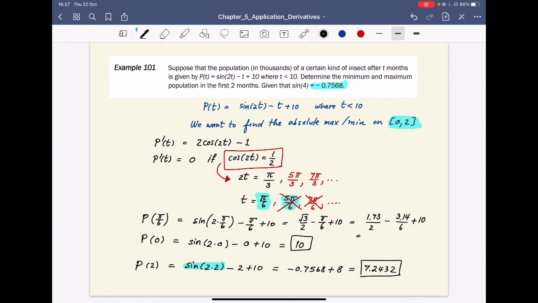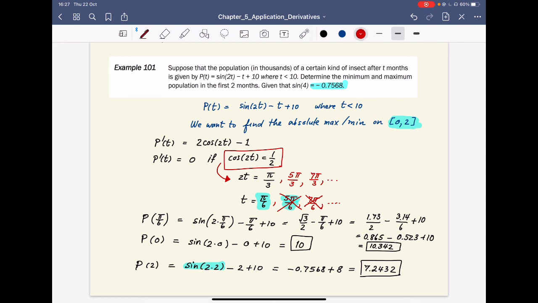So I'm going to compute this. 1.73 over 2 is approximately 0.865, and then minus 3.14 divided by 6, which is 0.523, and then plus 10. So the answer is going to be 10.865 minus 0.523. This is 10.342.